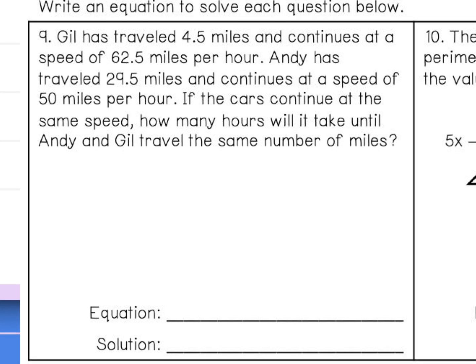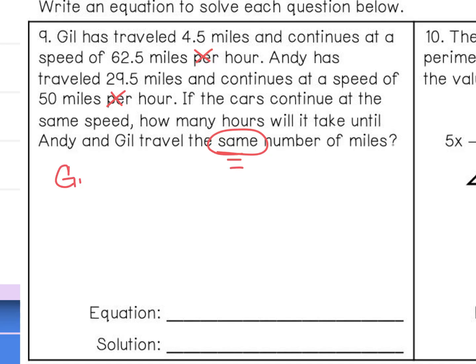Per hour. Per means what? X, good. Andy has traveled 29.5 miles and continues at a speed of 50 miles per hour. If the cars continue at the same speed, how many hours will it take them to travel? Right here, same. What does same mean? Equal.